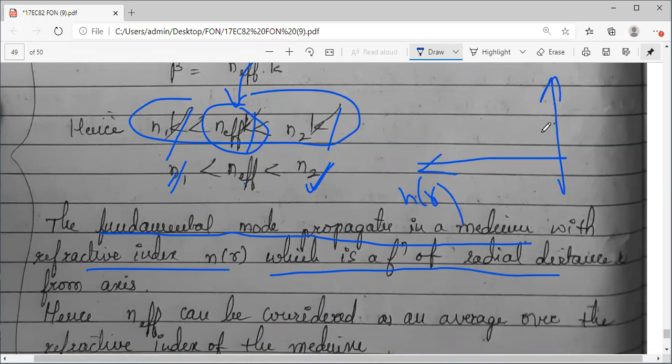Either single mode or multimode, this was your radial distance. So your refractive index is a function of radial distance from the center of the axis. This is your center of the axis.